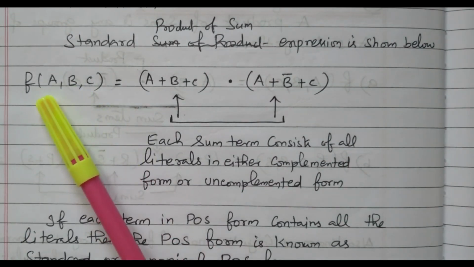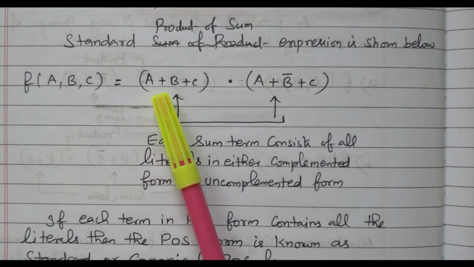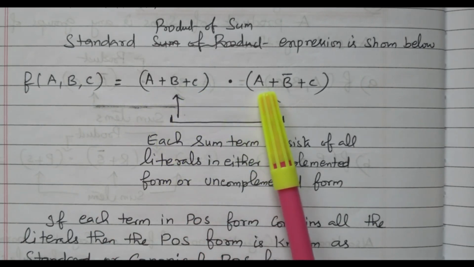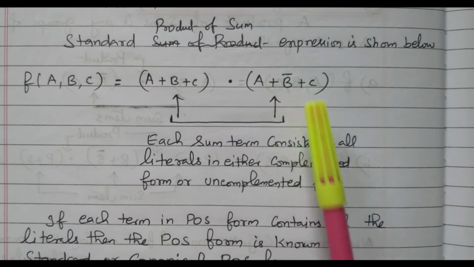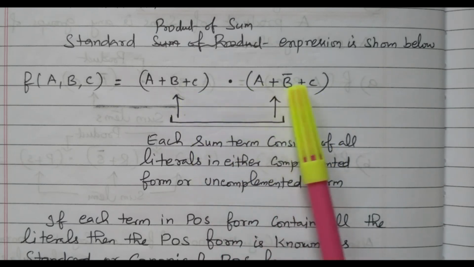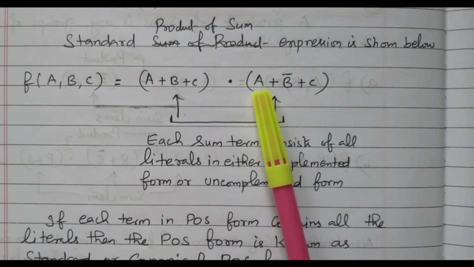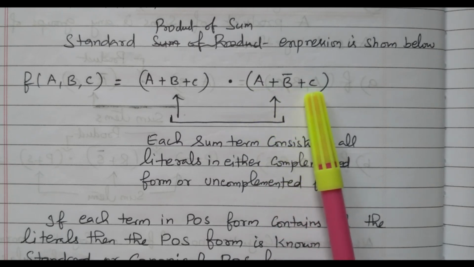So f of A, B, C equals A plus B plus C, this is nothing but a sum term, times A plus B bar plus C, right? So 2 sum terms are available. In the 2 sum terms all the literals are available: A available, B available, C also available. Here A, B bar and C are available, right?